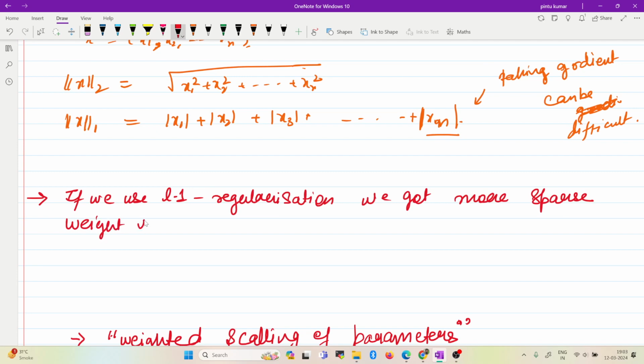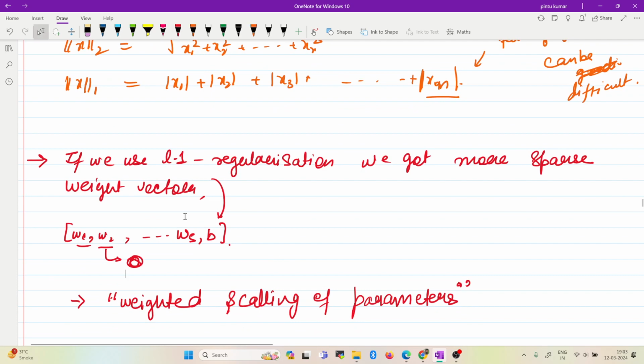Let's say you have selected a model where you want to fit a polynomial up to degree 5. Your weights would look like W1, W2, up to W5 and some B. If you use L1 regularization, there is a larger chance compared to L2 regularization that some of your weights would be 0. More sparse means there would be more 0 entries. This was just for your information.